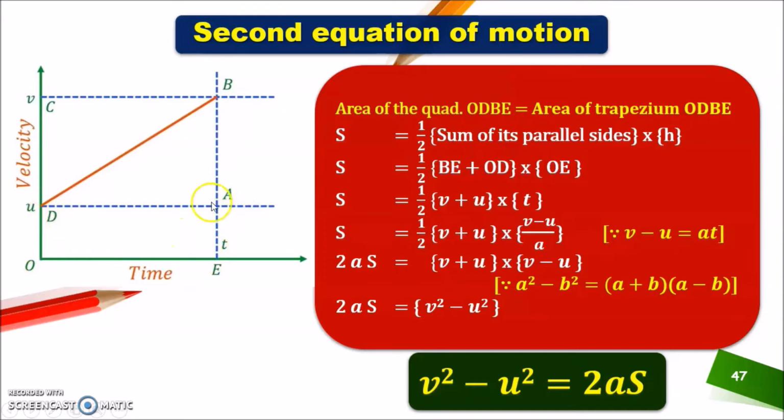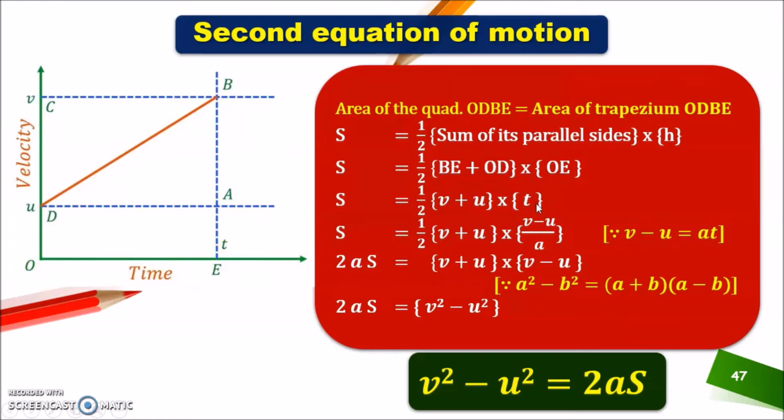OD and BE. So BE plus OD, and height is OE or DA. What is the value of BE here? BE is our final velocity V, and OD is our initial velocity U, and OE represents the time axis, so this is our T.